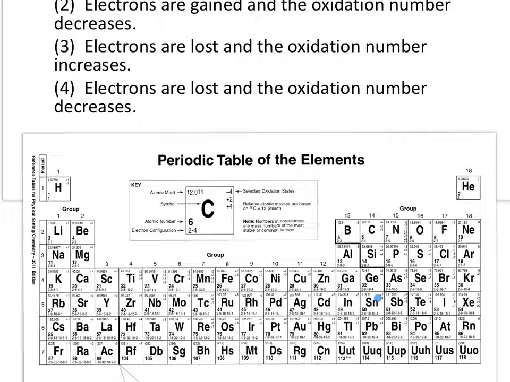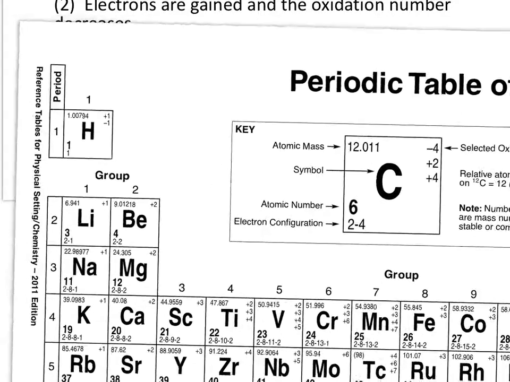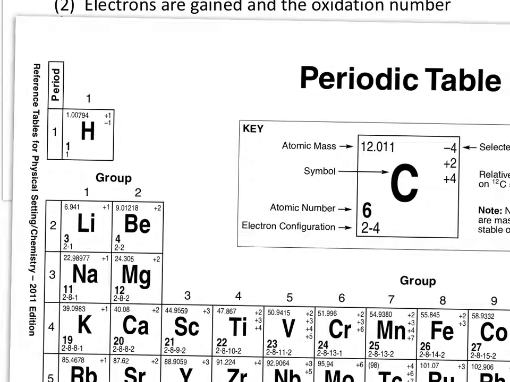What occurs when the magnesium atom becomes a magnesium ion? First off the bat, a magnesium atom, or any atom, will always have a 0 charge. When it becomes a magnesium ion, you can see that the magnesium ion has a positive 2 charge.